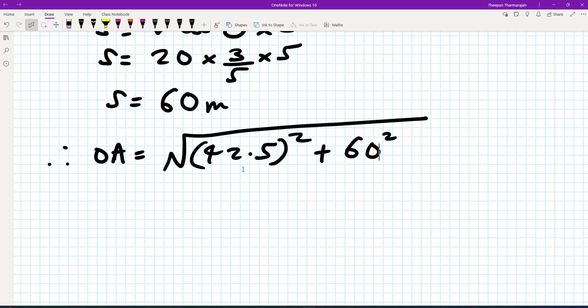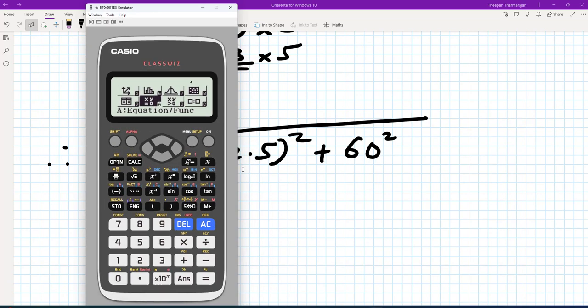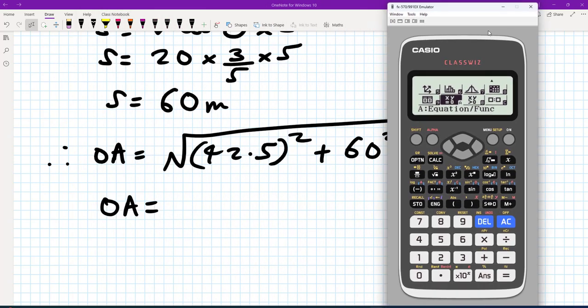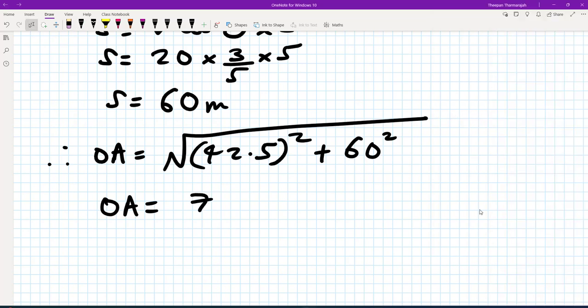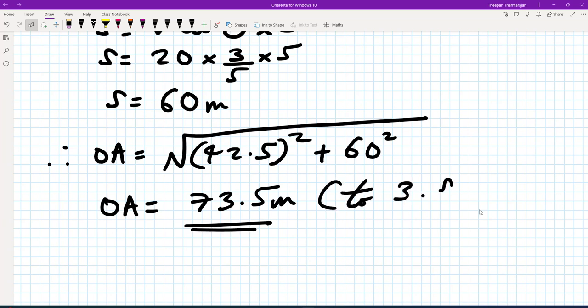So it's 42.5 squared plus 60 squared, square rooted, and we're going to round our solution to 3 significant figures. So let's move my calculator here. That's the square root of 42.5 squared plus 60 squared, and that's going to give me 73.5 meters. And that's been rounded to 3 SF, or 3 significant figures.